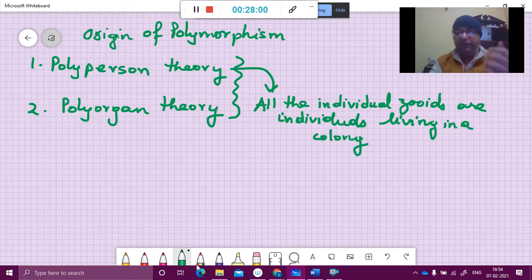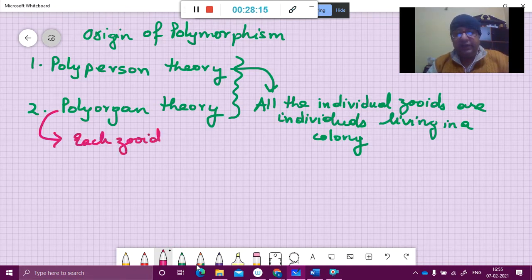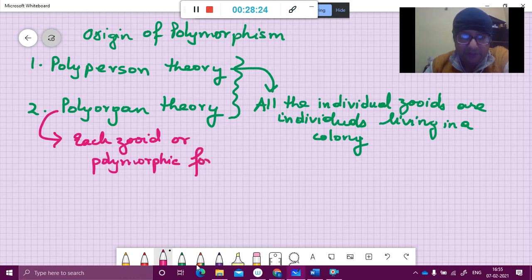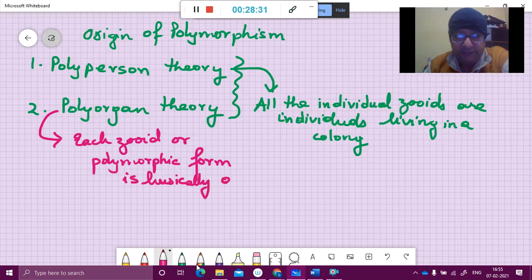So the polymorphic form essentially is a society or a colony. And the polyorgan theory says that each zooid or polymorphic form is basically an organ.